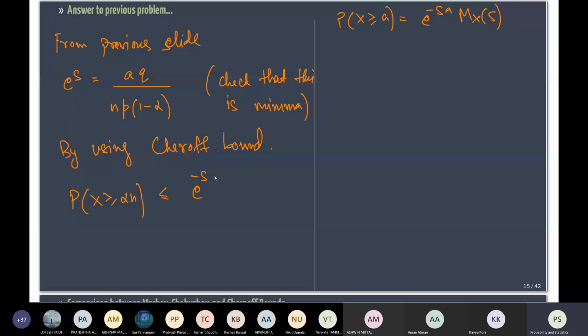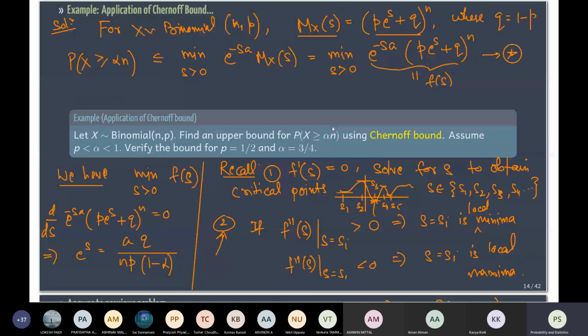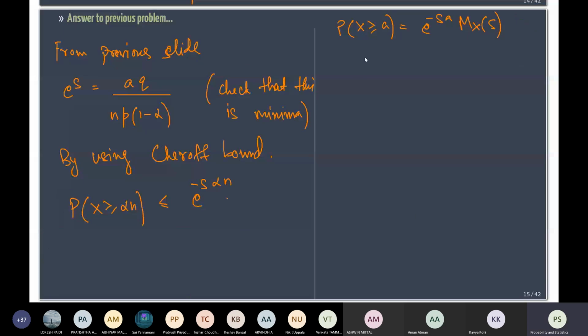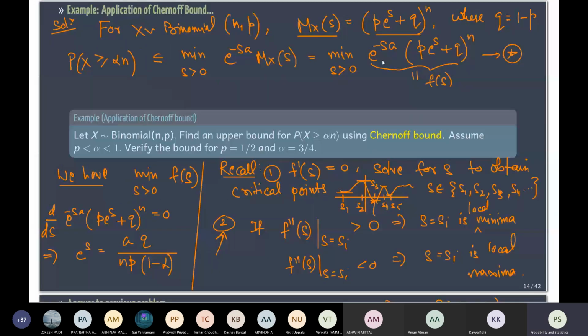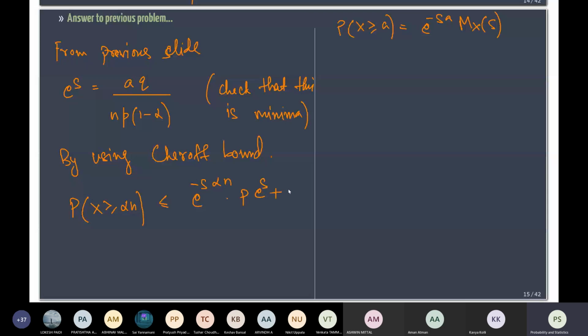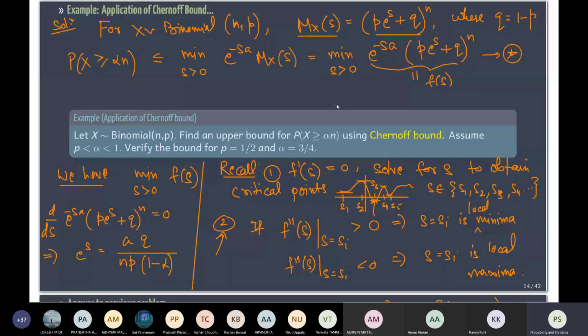So a takes the role of alpha n, and M_X(s), we know, as we have written here, is (p e to the s plus q) to the power n. Okay, so that's the M_X(s).